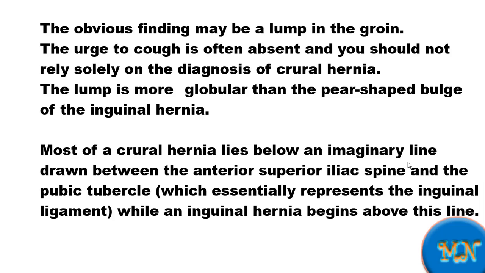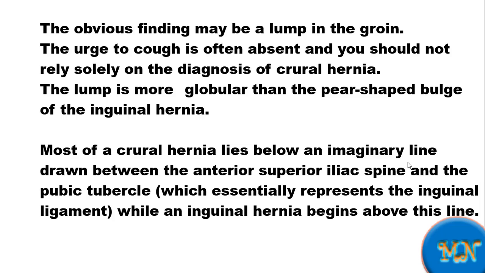The obvious finding may be a lump in the groin. The urge to cough is often absent, and you should not rely solely on it for the diagnosis of crural hernia. The lump is more globular than the pear-shaped bulge of the inguinal hernia.